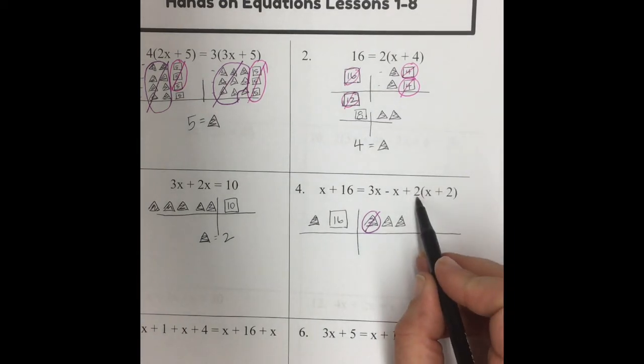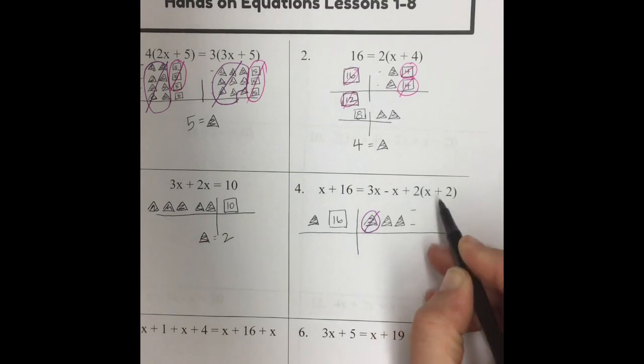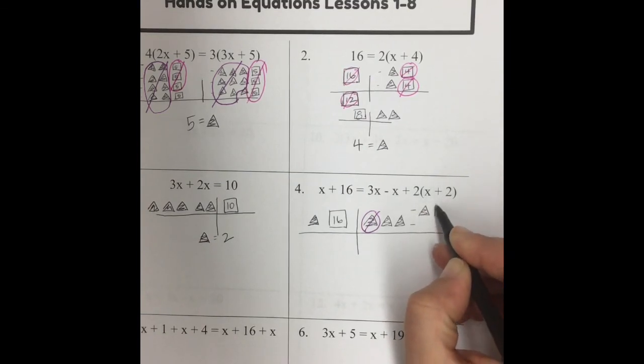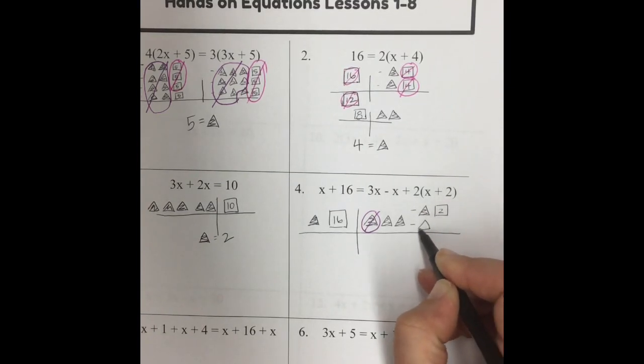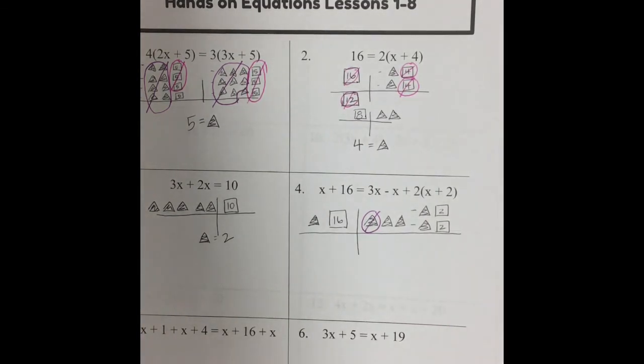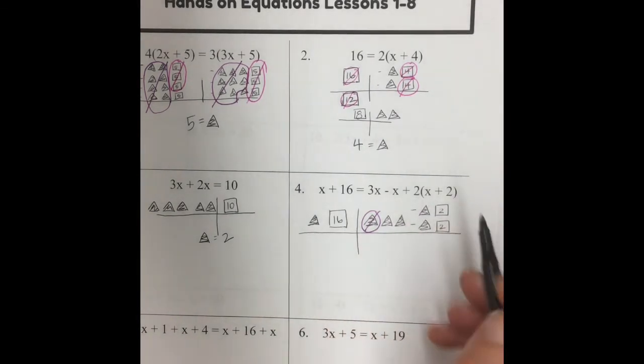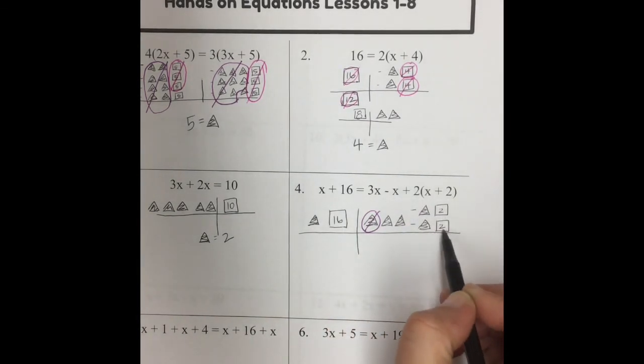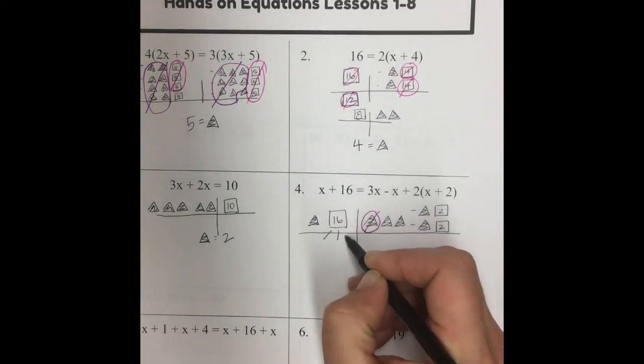Now I'm going to add 2 repetitions of x plus 2. So I'm actually going to try a little decomposing for this one. I'm going to start by trying to get rid of these 2 2's. And so I'm going to break 16.